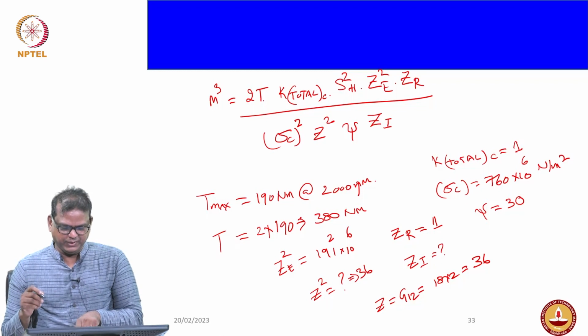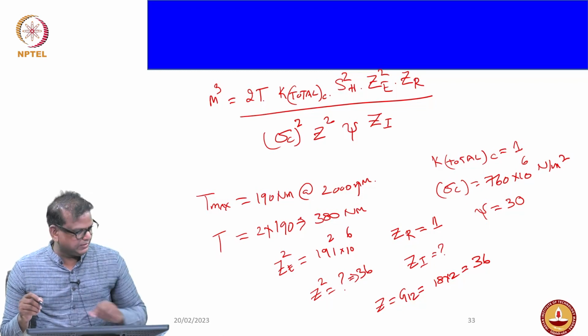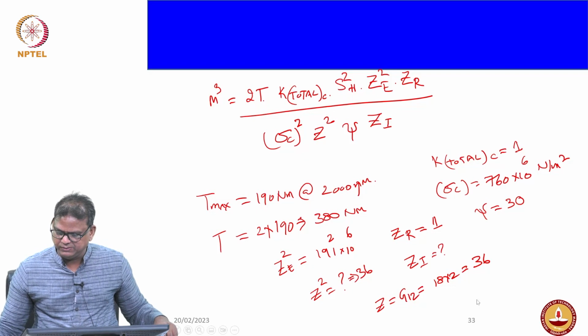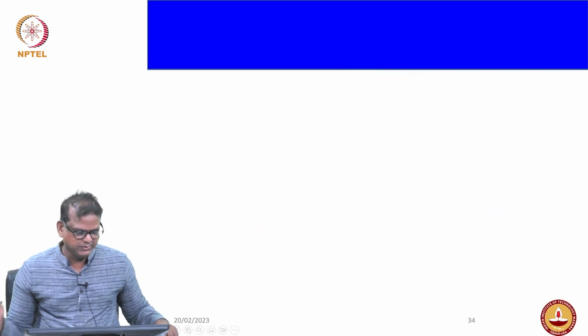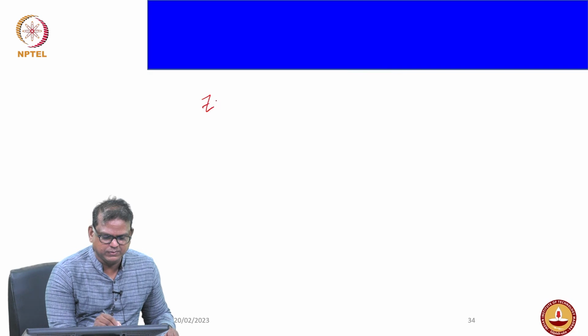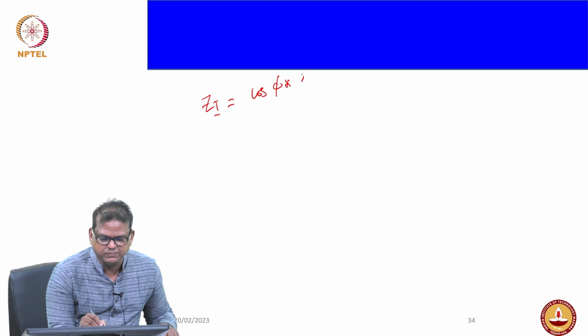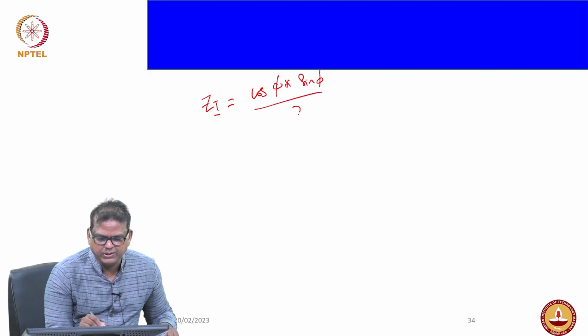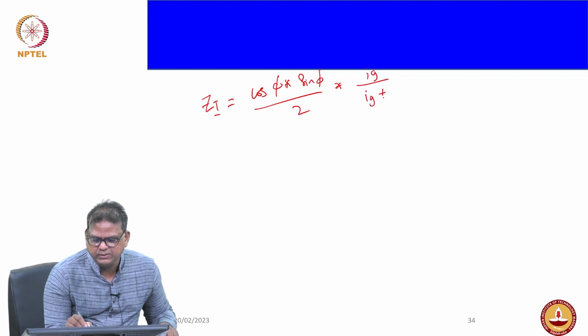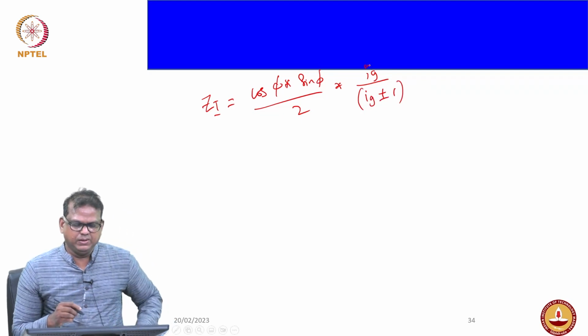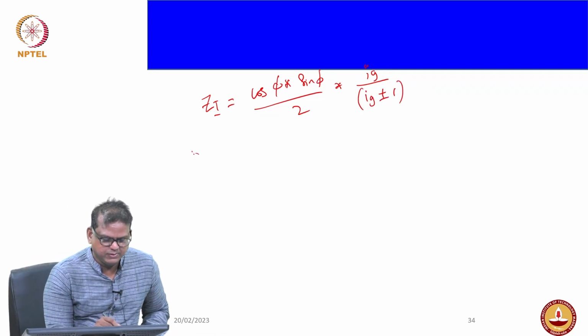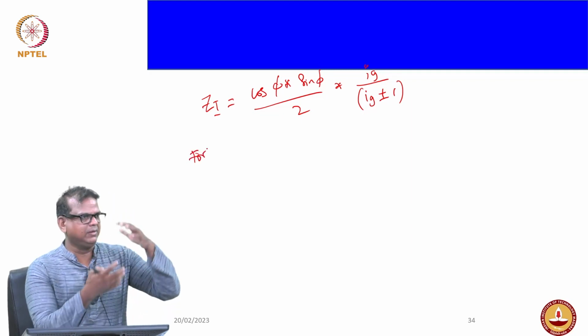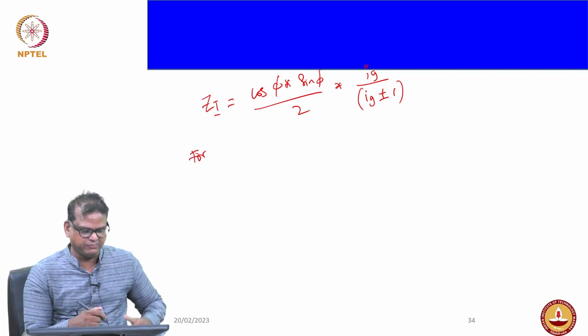Then we have to find out the surface factor. I will write down the equation. Zi equals cos phi into sin phi by 2 into Ig by Ig plus or minus 1. This is the equation, again for the gear type with external arrangement.